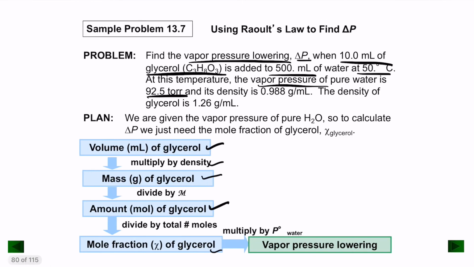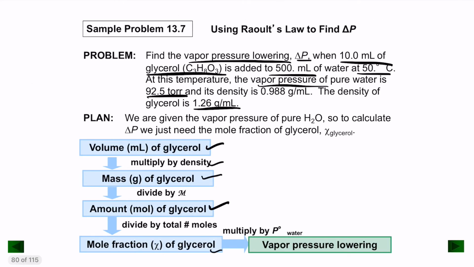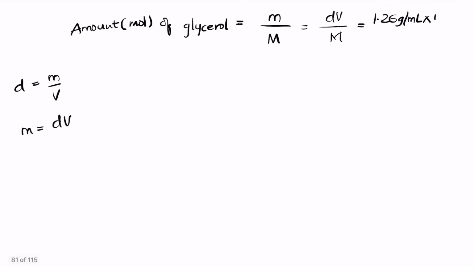The density of glycerol is 1.26 gram per ml, times the total volume of glycerol present. Since 10 ml of glycerol is being added, 10 ml, divided by the molar mass, which is 92.09 grams per mole.